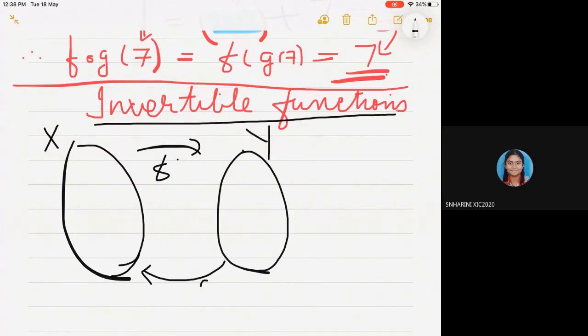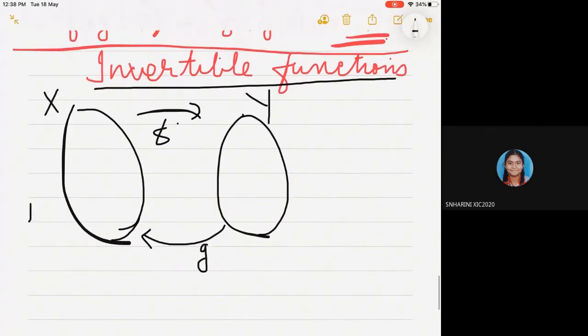Suppose you just say that there is another function g defined from y to x such that f dot g is equal to g dot f is equal to I, the identity function.